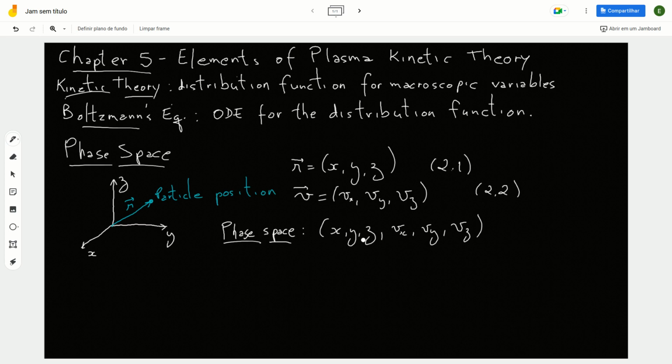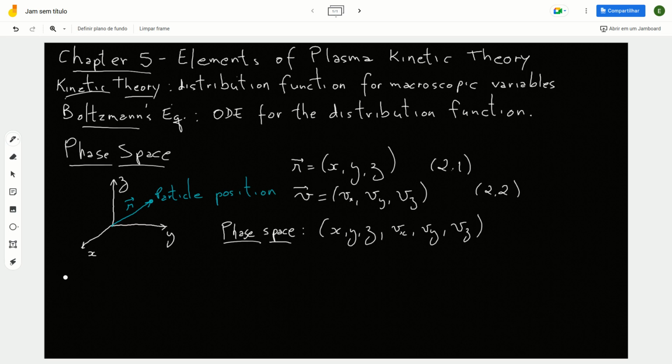But this is basically the phase space we'll be adopting in this chapter. The state of the system, if you have n particles, will be represented by n points in this phase space, representing the state of each charge.